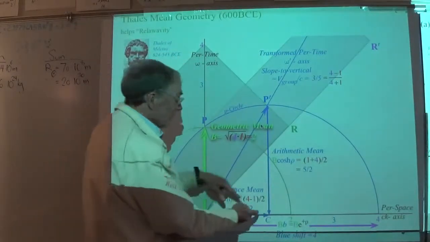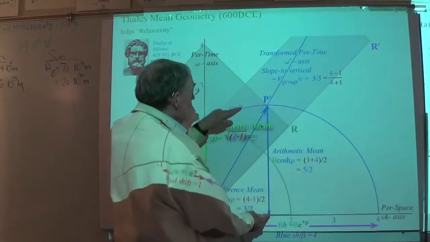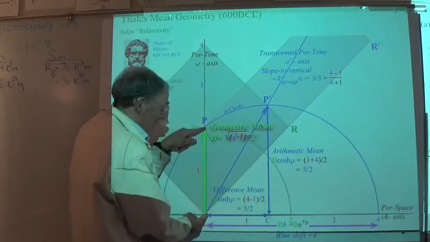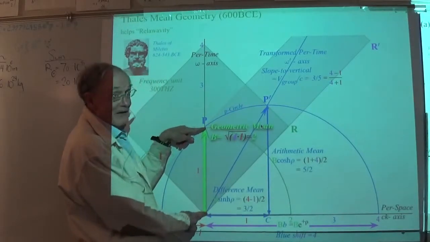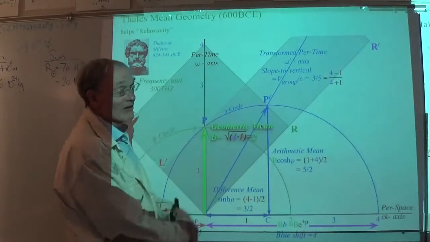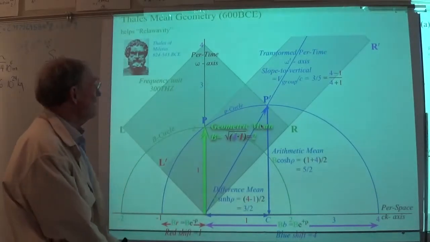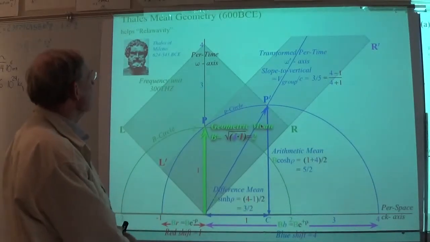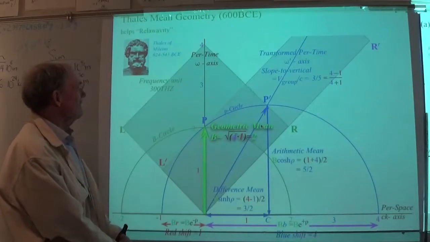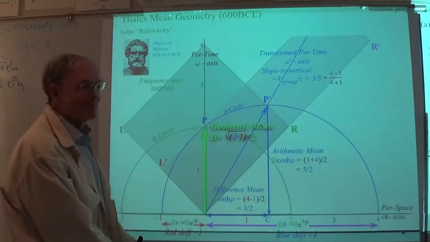But what's cool is if you take your compass again and strike back here, that's the geometrical mean right there. This is this guy's invention, okay? You never make fun of somebody from 600 BCE that's doing geometry.